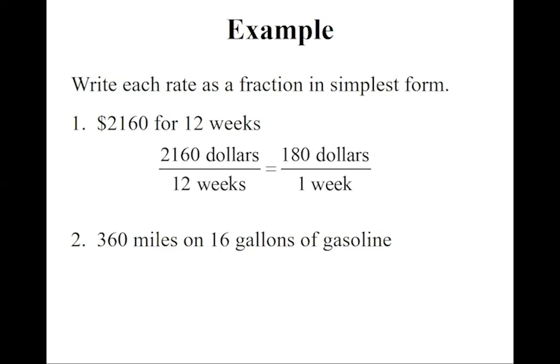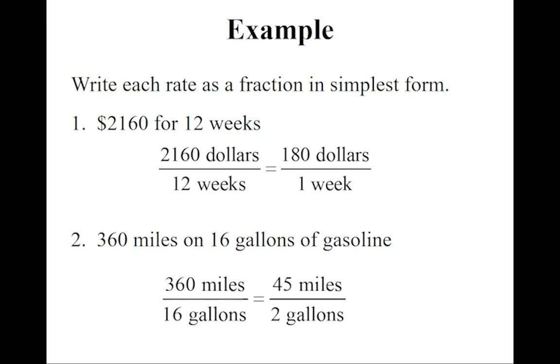360 miles on 16 gallons of gasoline. We set up 360 miles to 16 gallons. We reduce 360 over 16 down to 45 over 2. And we have 45 miles to 2 gallons. If we divided that out, 45 divided by 2 would be 22 and a half.